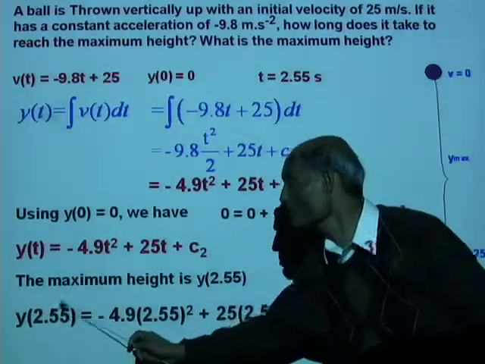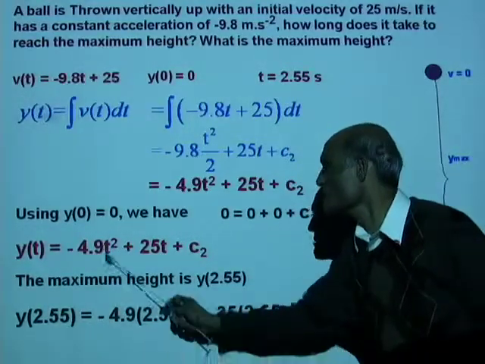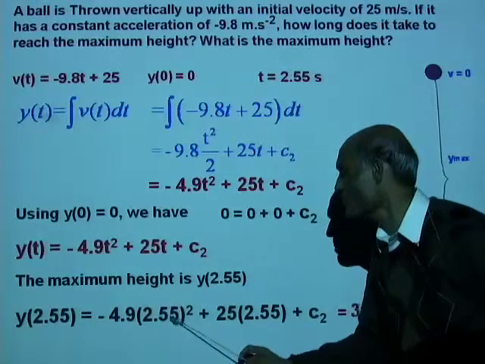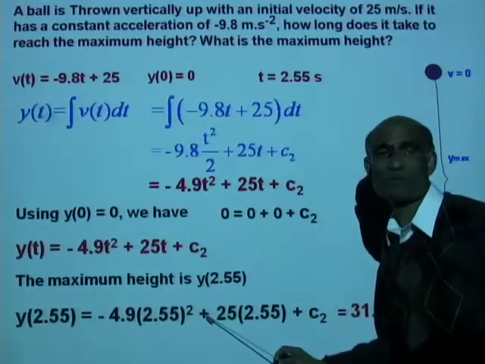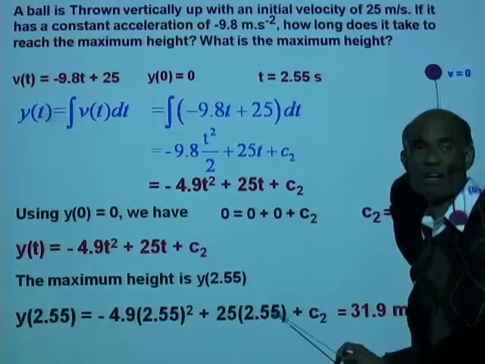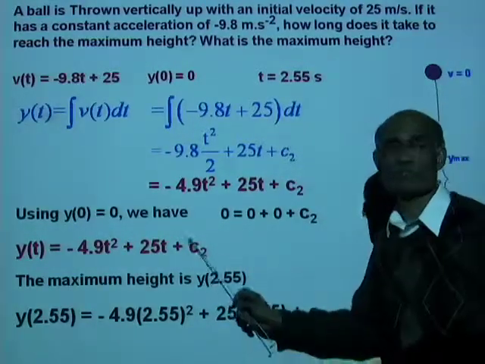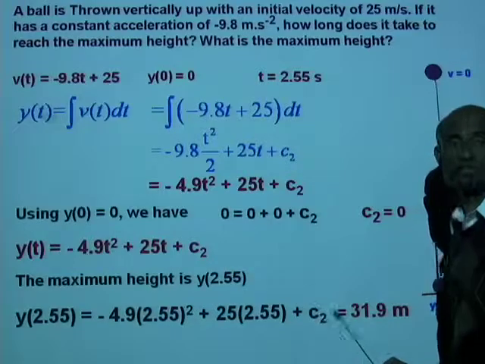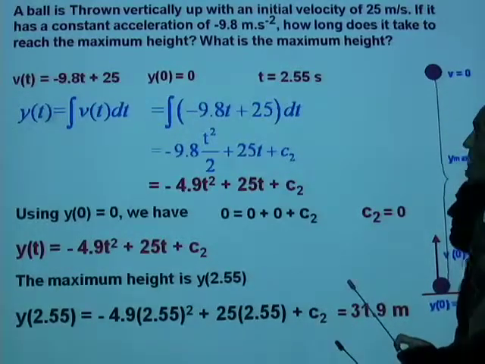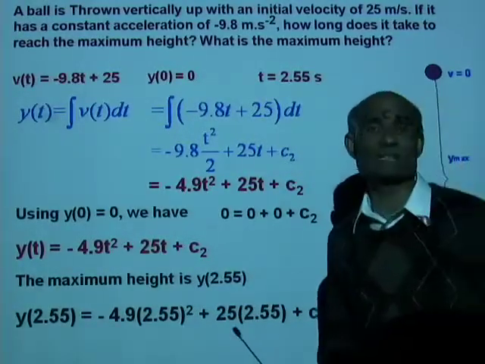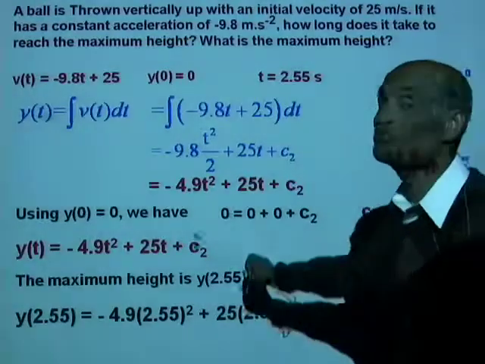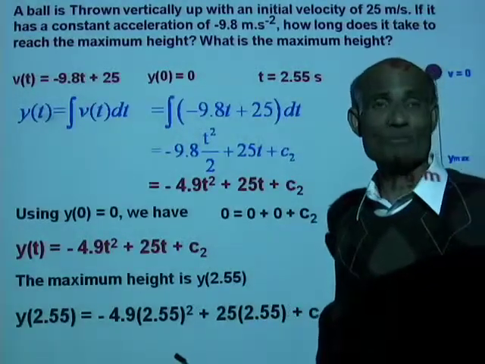Of course, c2 is 0. We have shown that c2 is 0. So that will be 31.9 meters. All right, try and do this problem on your own one more time.